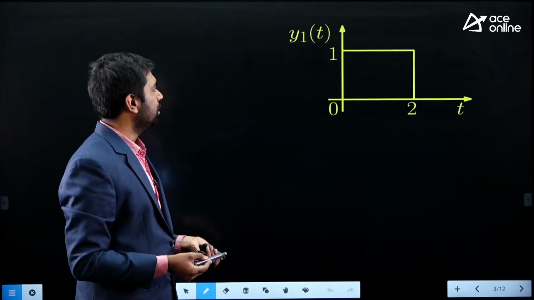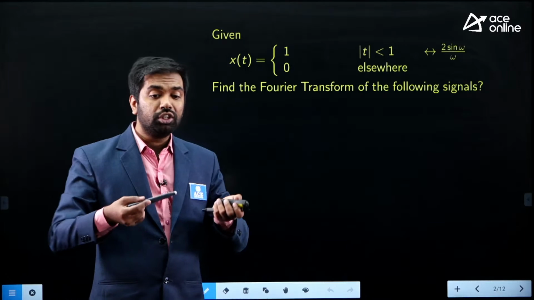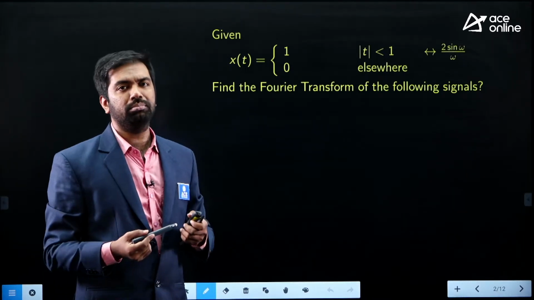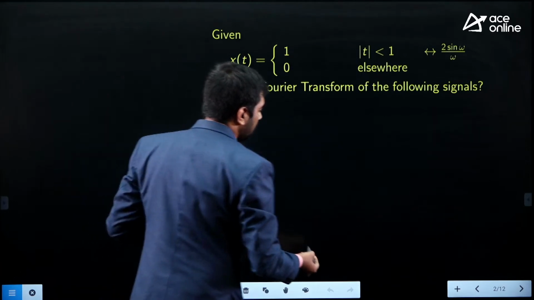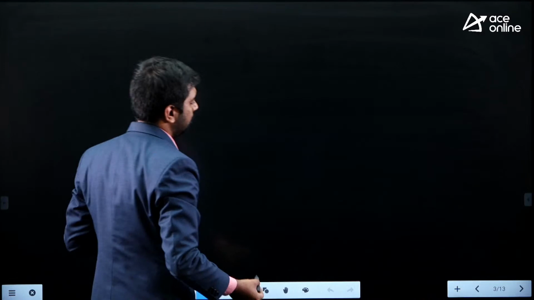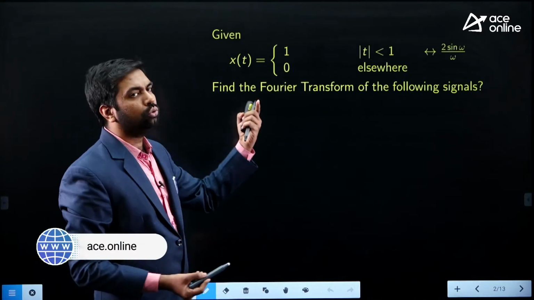First, we will analyze the rectangular pulse, find its Fourier transform, and then try to solve the other problems. So, let me first take a rectangular pulse. This particular rectangular pulse is from -1 to 1.